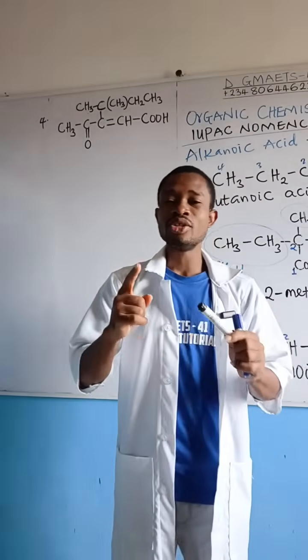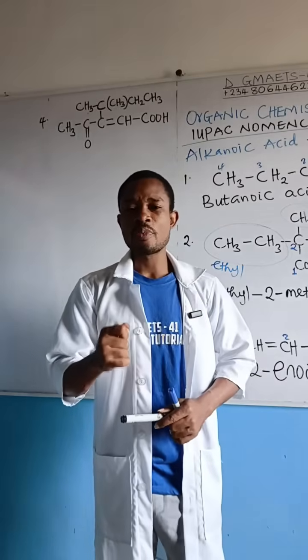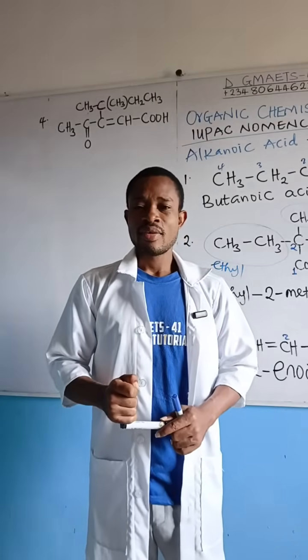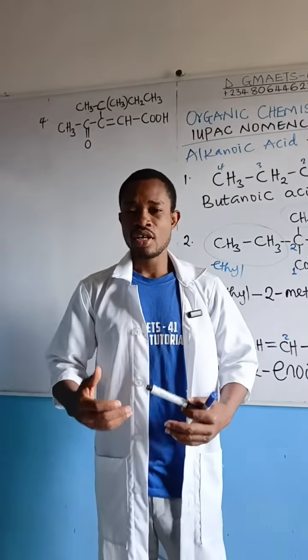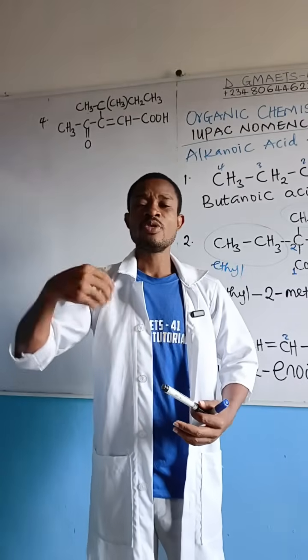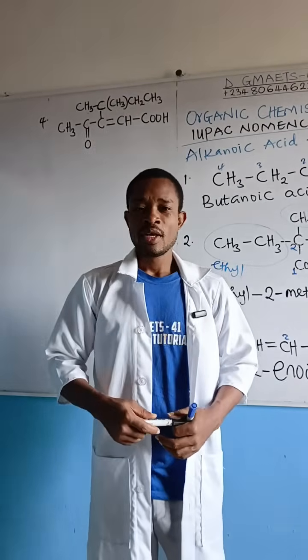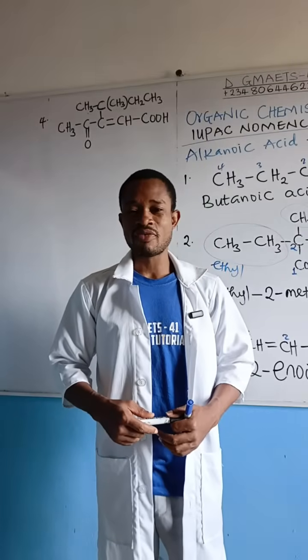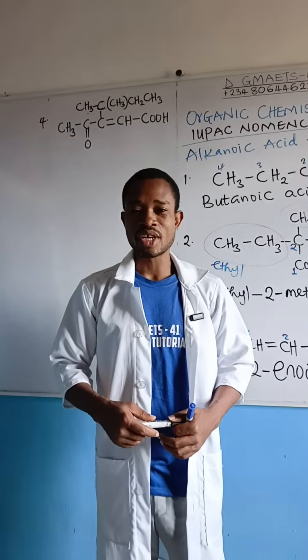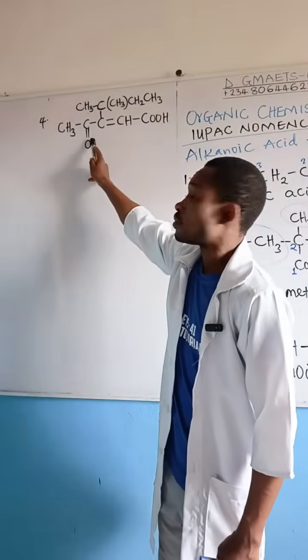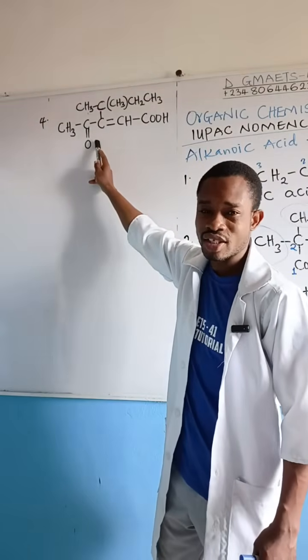Another thing that will help you know that COOH, alkanoic acid, will supersede in determining what the parent would be is the fact that the alkanoic acid functional group is a terminal functional group. But the alkanone functional group is not a terminal functional group.